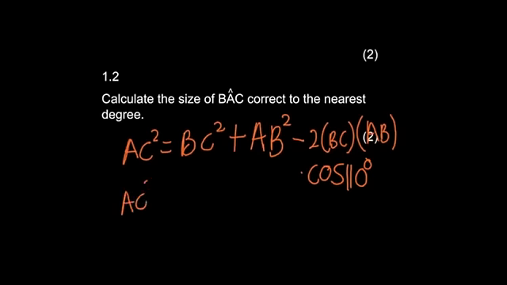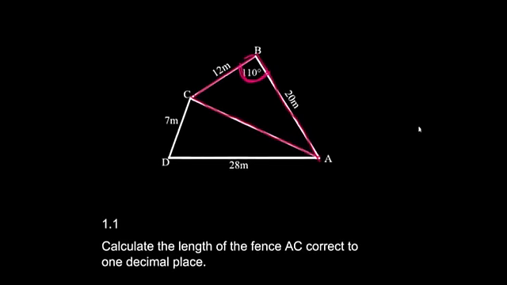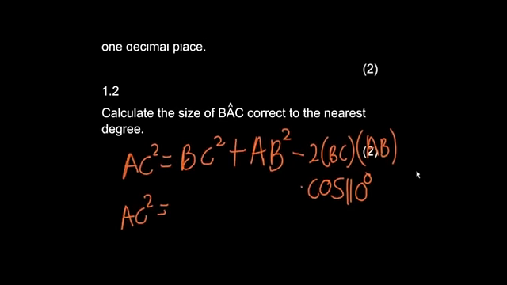So AC squared will be equal to, how big is BC? Let's go up. BC is 12. So it'll be 12 squared plus AB squared, which is 20 squared, minus 2 multiplied by the product of the two sides.